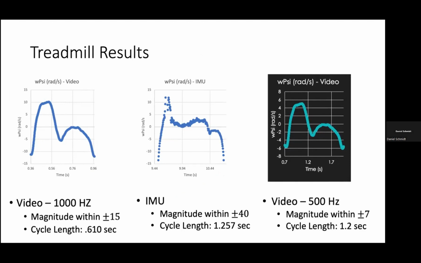The IMU does provide timestamps, and there are ways to calibrate that and sync it with a computer, so that's relatively more reliable than me just inputting time steps. Because of that, I went ahead and analyzed it at 500 hertz, and the magnitude dropped. So there's a difference there, but our cycle length was relatively similar. And that magnitude difference, I think, is in the next slides.